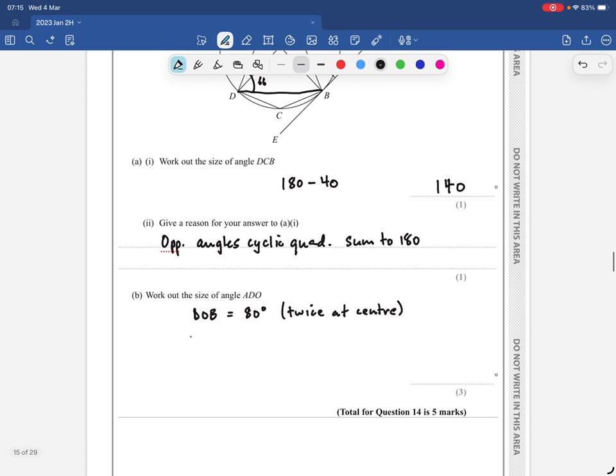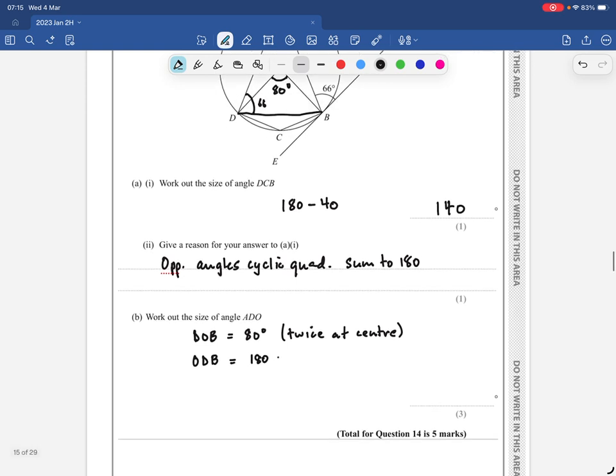I know that ODB equals 180 minus 80 all over 2, and that's 50.